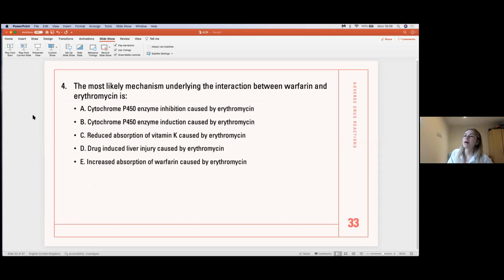The next question: the most likely mechanism underlying the interaction between warfarin and erythromycin is... A couple of people have said A. Any more?